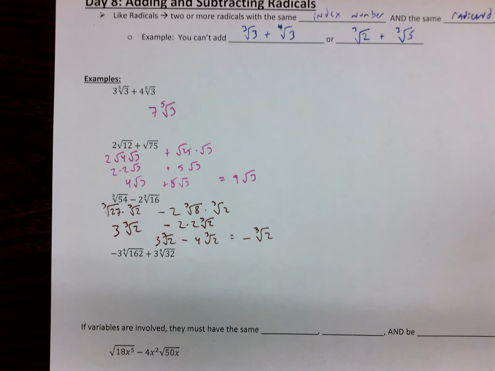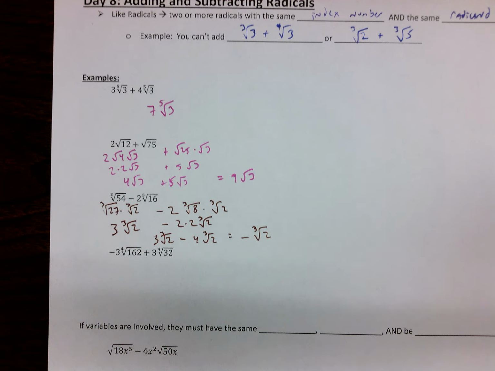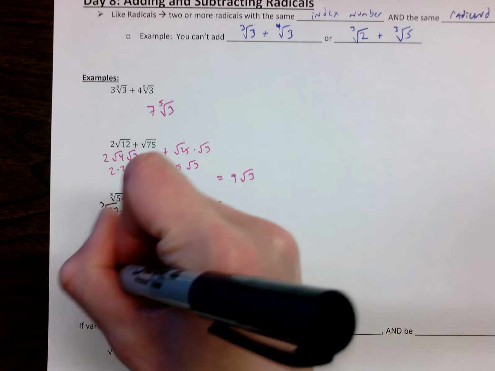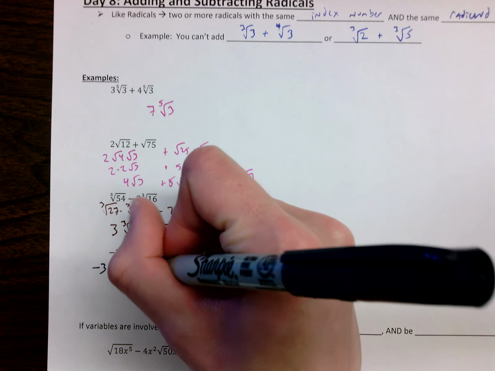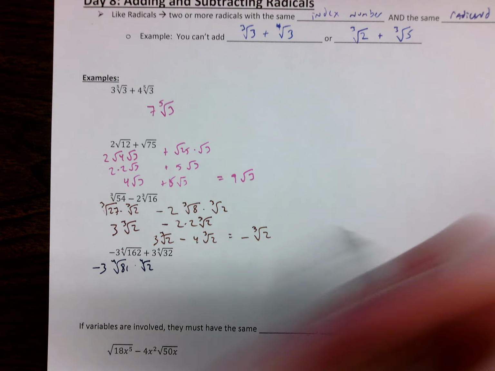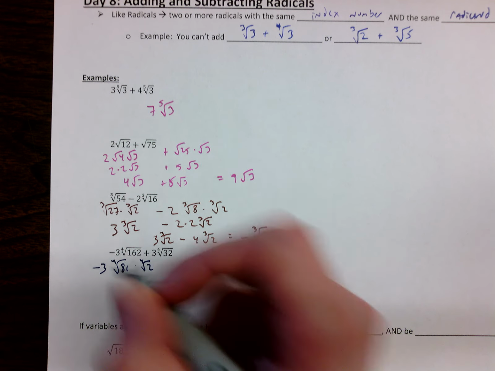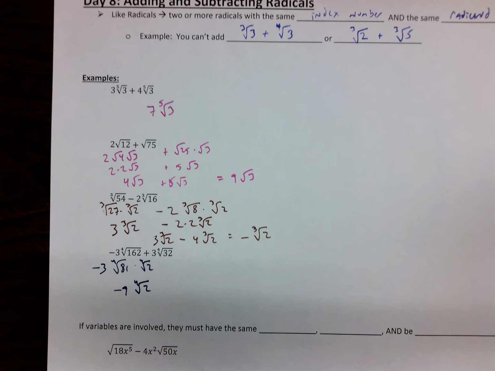All right, and then this last guy here, so 162. So I need a fourth power that goes evenly into that one. 81 would work. So I can break this into negative 3 times the fourth root of 81 times the fourth root of 2. So the fourth root of 81 is 3, so that's going to be negative 9 times the fourth root of 2.